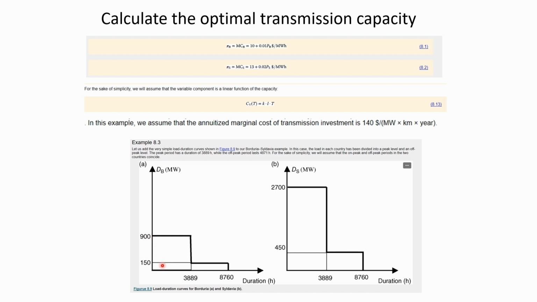This is the time for peak load. This is also the time for peak load, and the peak load in area B is 900 and the off-peak load is 150. Here the peak load is 2700 megawatt and the off-peak load is 450.